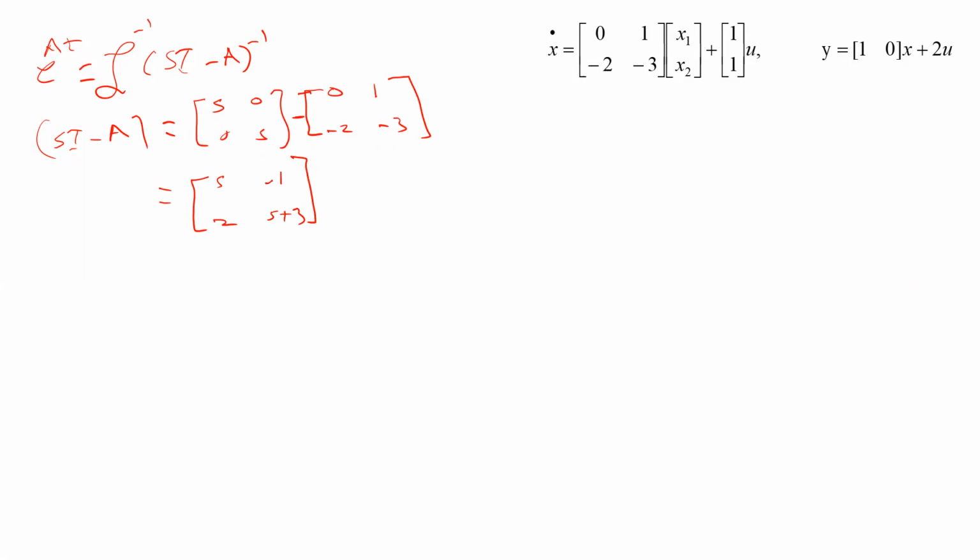How did we get sI? First of all, s times identity. Since A is a 2 by 2 matrix, my identity should be 2 by 2. Do you know what the identity matrix is?